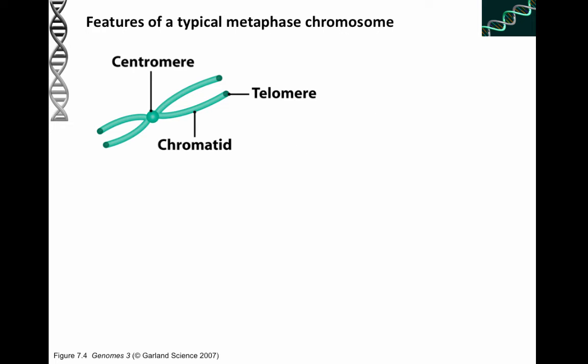So let's look into the typical structure of the metaphase chromosome. This is very familiar to everyone who takes this class. The metaphase chromosome has key components: two arms, which we call chromatids, and the centromere, which is associated with microtubules to pull the chromatids by the end of mitosis, and the telomere, which is the structure that protects the terminal end of linear DNA.